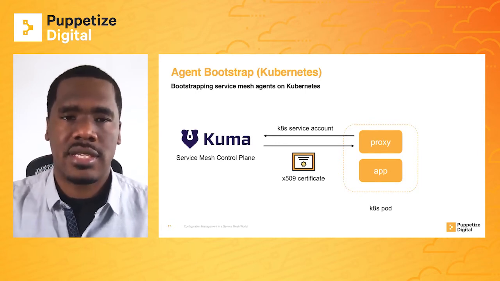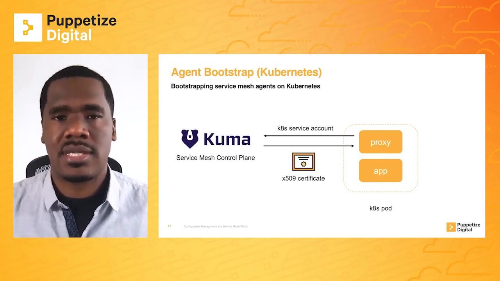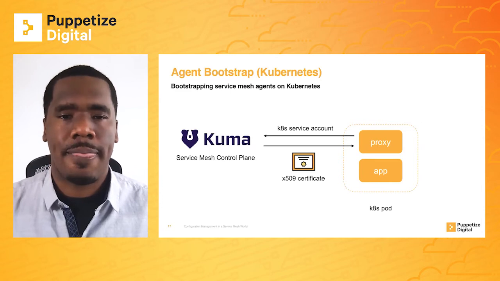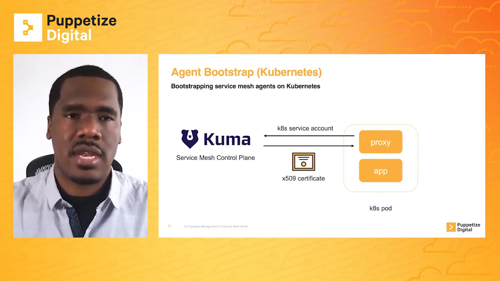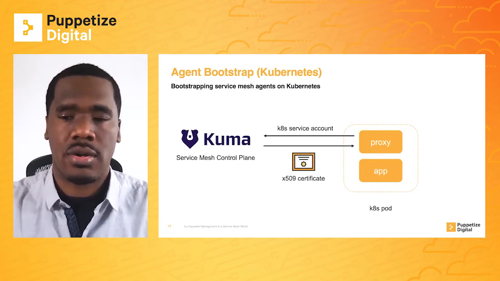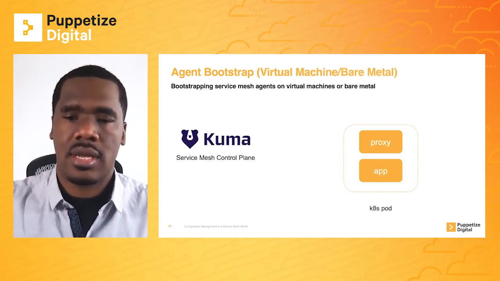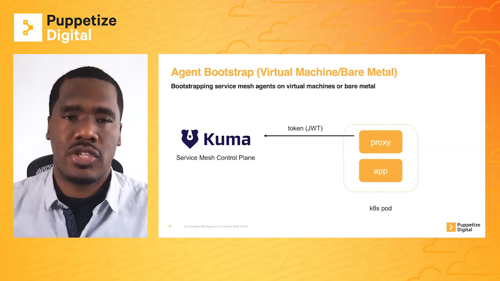And so some of the challenge is this process is very easy on Kubernetes because it's got the built-in service account capability and functionality that's very much tailored to this sort of workflow. But the challenge is, how do we do that in a virtual machine or bare metal world? And so once again, same sort of scenario. And so how do we get the token?